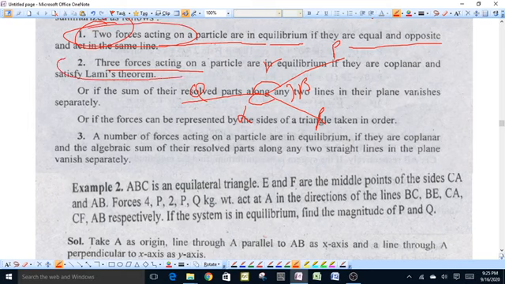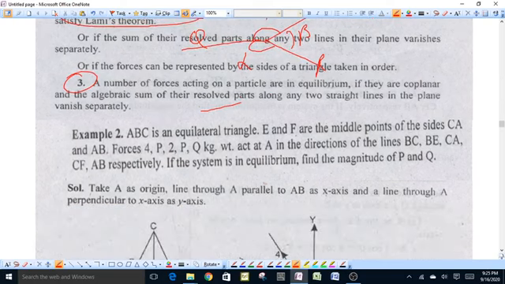Second, if we have three forces acting at a point, then these forces must satisfy Lami's theorem. Third, if we have any number of forces acting at a point, they will be in equilibrium if they are coplanar and the algebraic sum of their resolved parts along any two mutually perpendicular directions is separately 0.